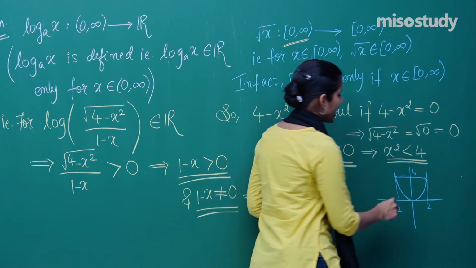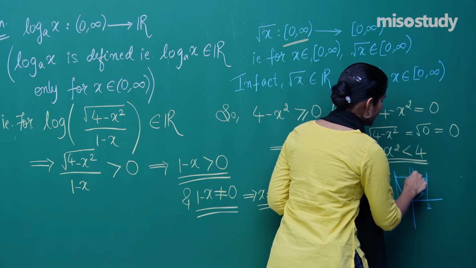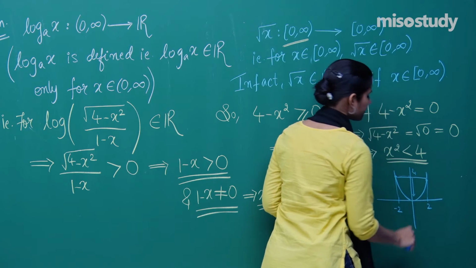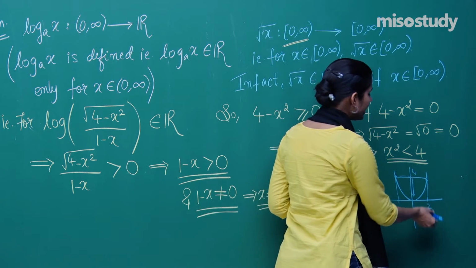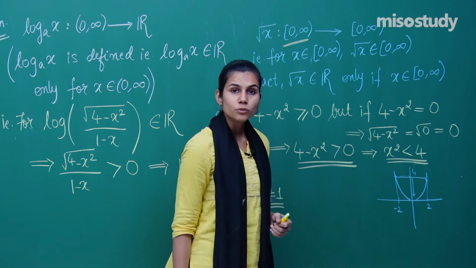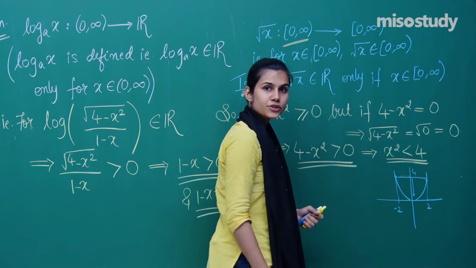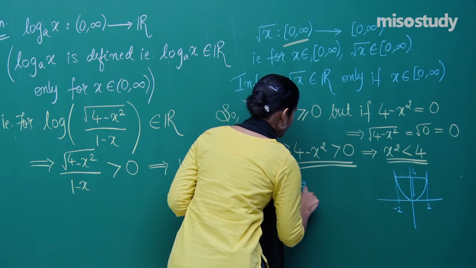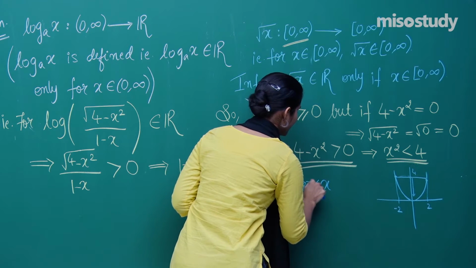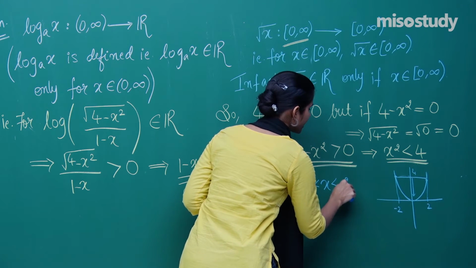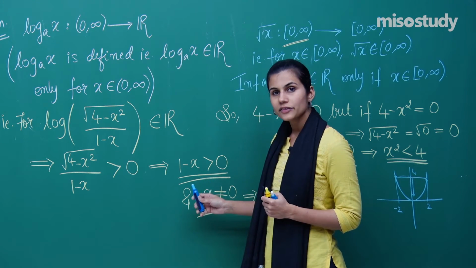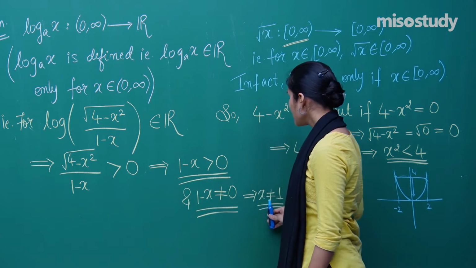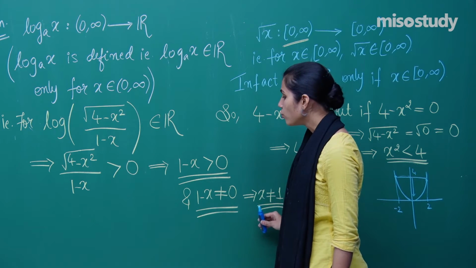If I want my x squared to be strictly less than 4, that means I want my x to be between minus 2 and 2. So for x squared to be strictly less than 4, my x should be strictly greater than minus 2 and strictly less than 2. But I also have certain other rules, that x cannot be equal to 1.